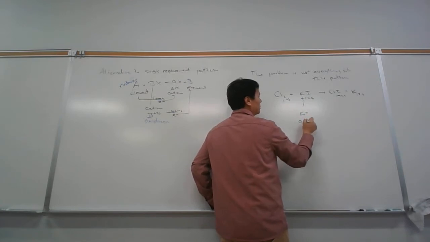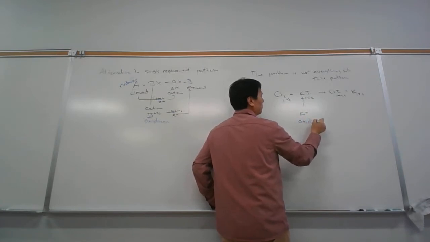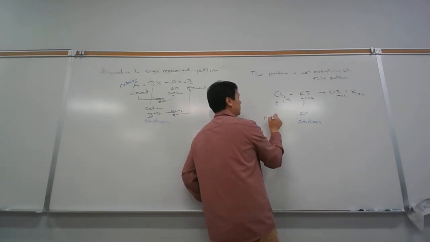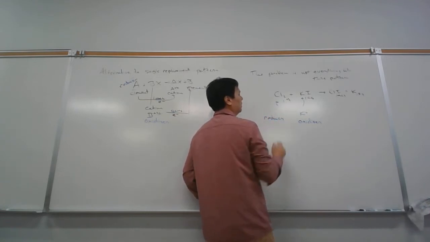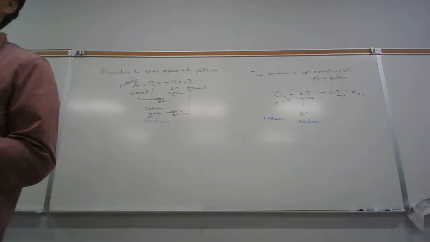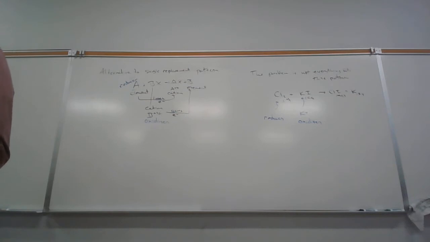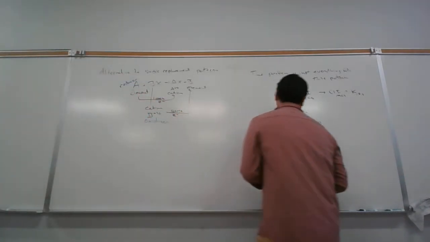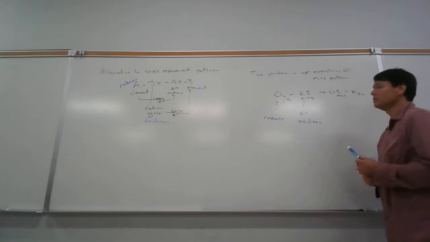This would be the oxidizer. And then chlorine, this should be the reducer. But there's something funny about this, and that is, what is more reactive? Potassium ions or chlorine gas? Chlorine gas. Chlorine gas is much more reactive. And so the roles have been misassigned.